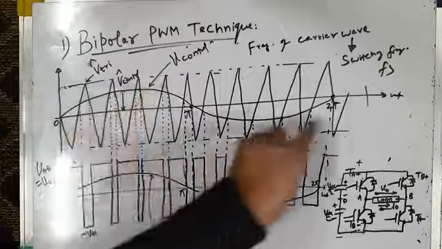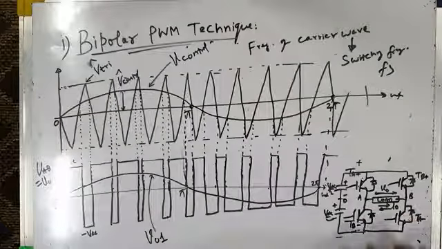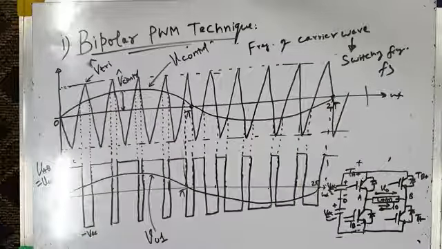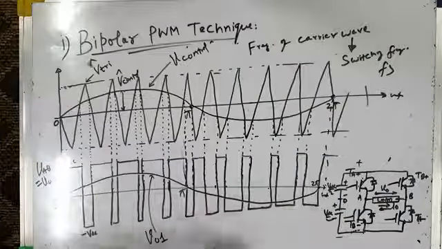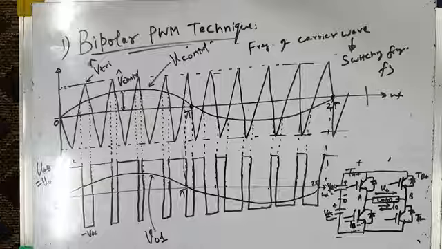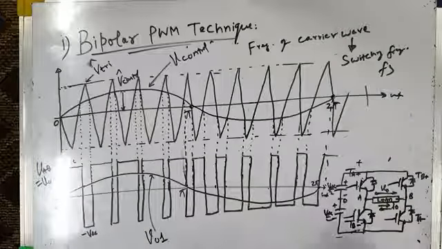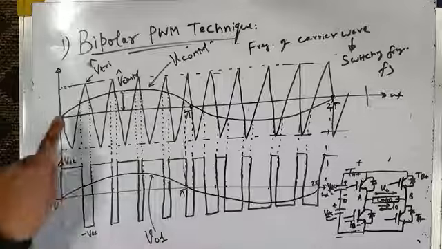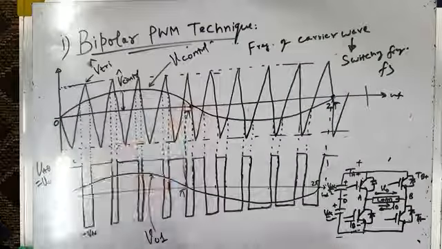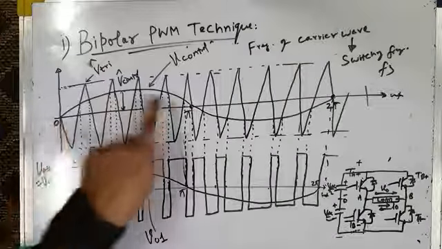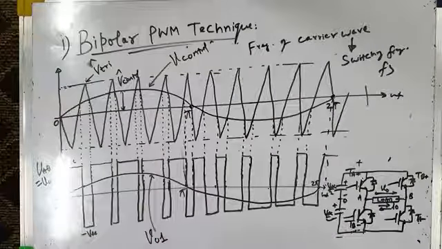So this is the frequency of the reference sine wave. For example, if you want 50 Hertz voltage across the load, your reference sine wave should be at 50 Hertz. In that case, the inverter output voltage will also have a frequency of 50 Hertz. If you want the frequency of voltage across the load as 20 Hertz, your reference sine wave can be at 20 Hertz, so the inverter output voltage frequency will also be 20 Hertz.